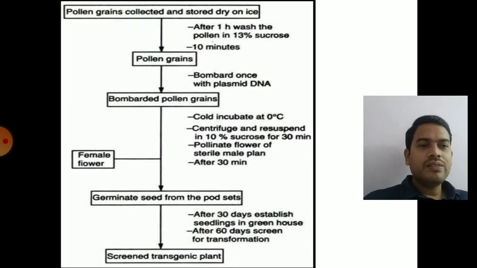You can also use pollen grains in this particular method. So this is how you use the pollen grains for bombardment. The pollen grains are collected and stored on dry ice. After storing, after washing with 13% sucrose solution for 10 minutes, the pollen grains are used for bombardment.